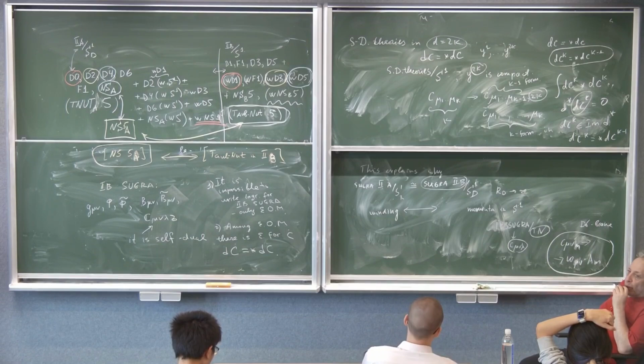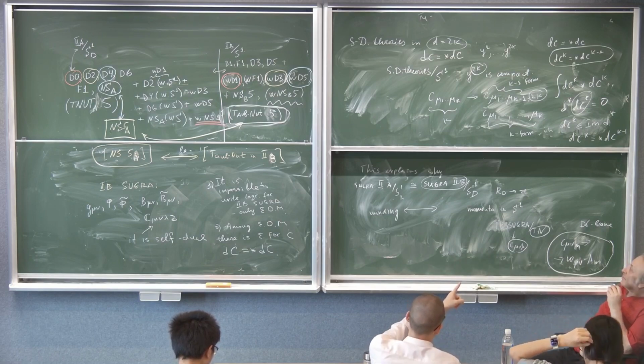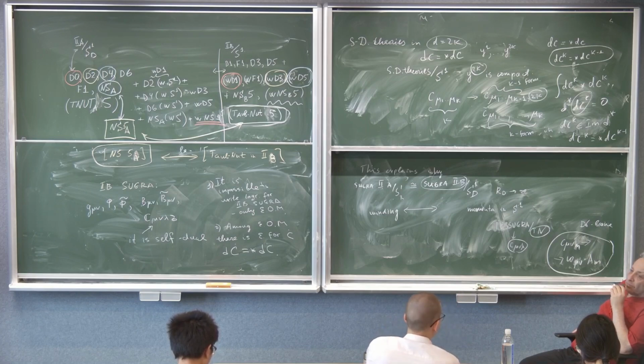I have another question about the procedure. Can we do something in the opposite direction, so that the Lagrangian is Maxwell? If we have a Maxwell theory in 2k minus 1 dimensions, can we formulate it as a field theory in 2k dimensions?